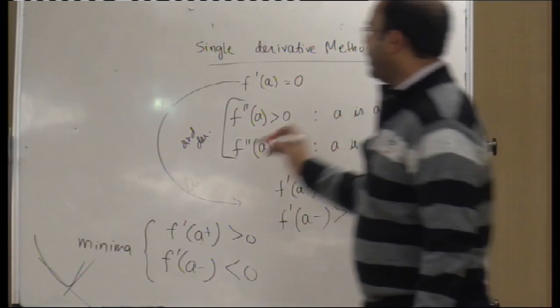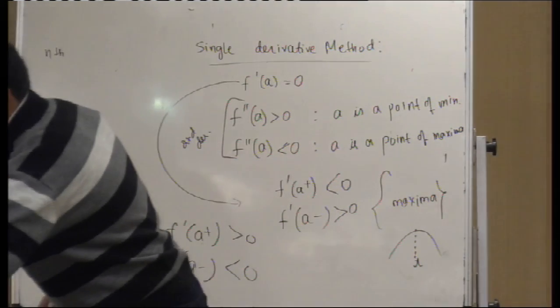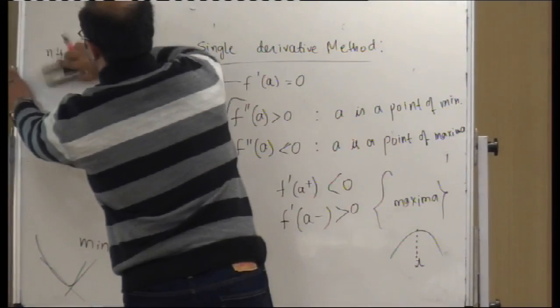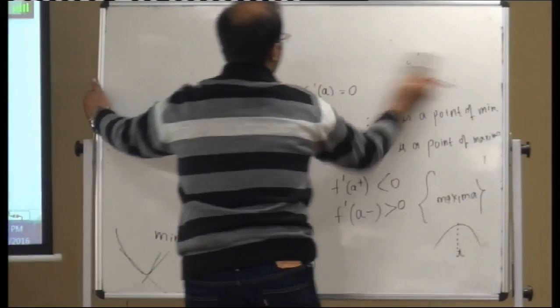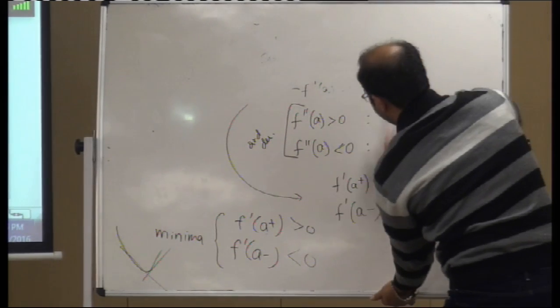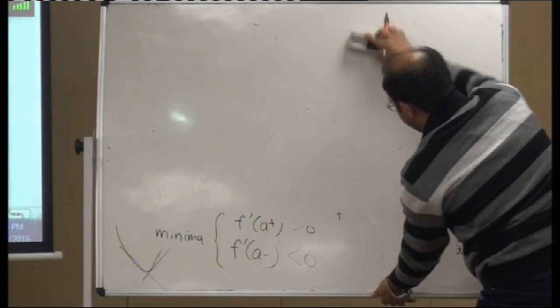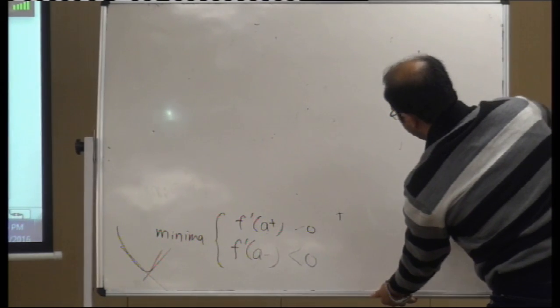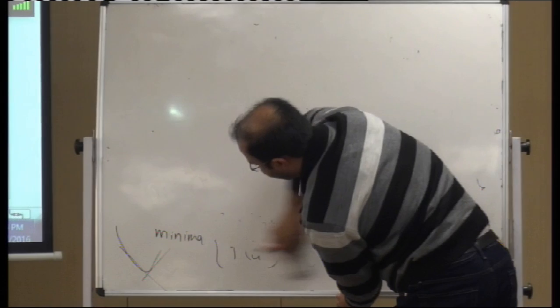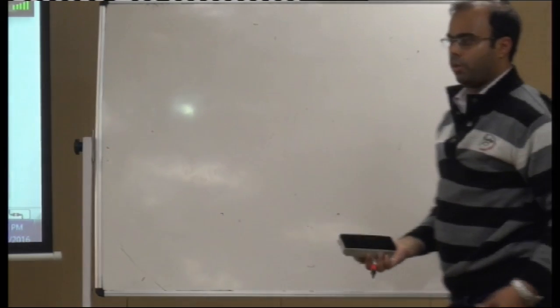So the nth derivative test basically deals with the situation when the double derivative test is not applicable. I hope it is clear to everyone what the double derivative test is. In the double derivative test, when you differentiate the function twice, it is either positive or negative, but we have not covered the case when it is equal to 0.